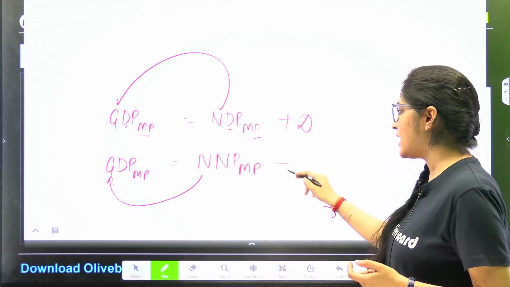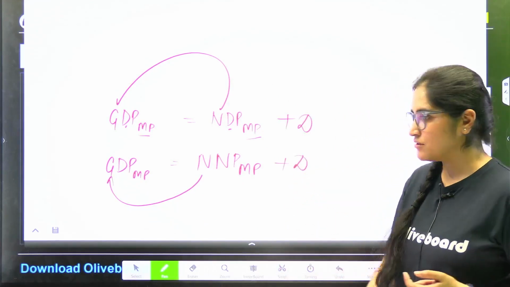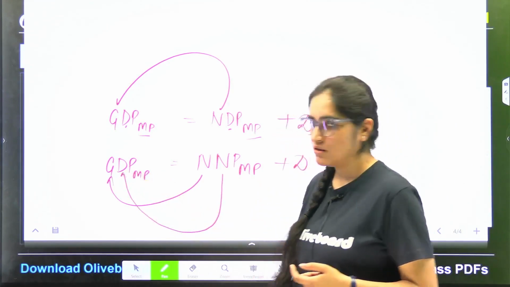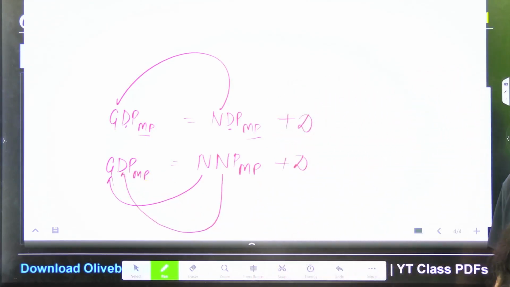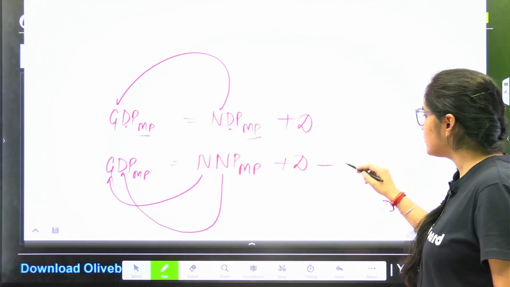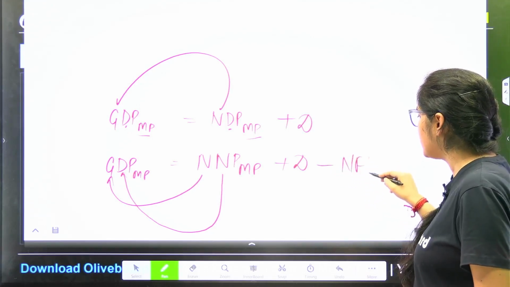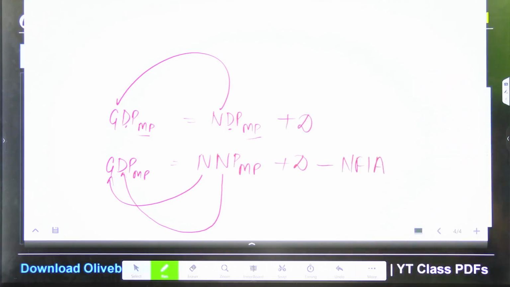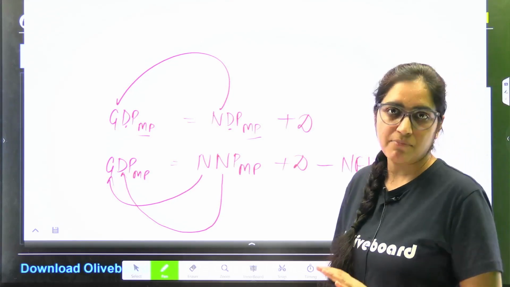That means simply you will add depreciation. I have also changed national, but you have to go to domestic. From national, if you are going to domestic, you are going to subtract net factor income from abroad. So you will reach a number that is GDP at market price.